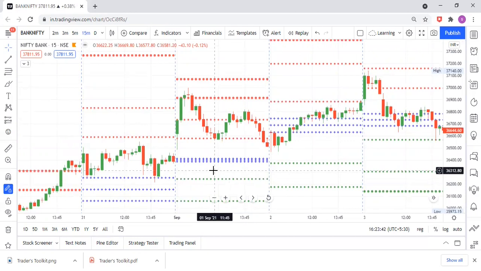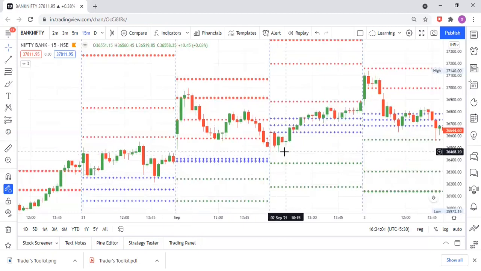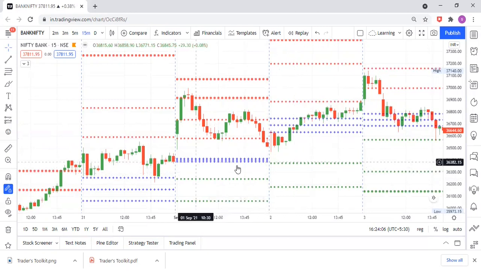First, if you look at any CPR books, or any of the YouTube videos on CPR, they will tell you that you first look at the shape of the CPR. That's a very important step. As soon as you apply the CPR indicator, the very first thing you should look at is, what is the shape of the CPR?